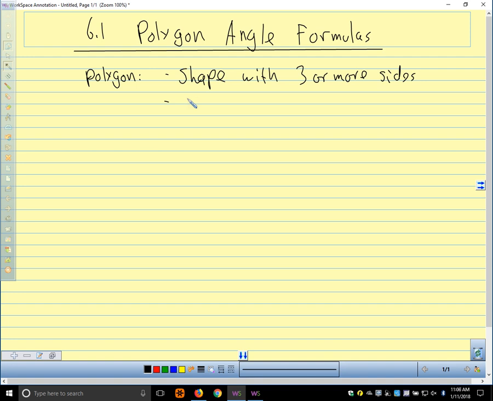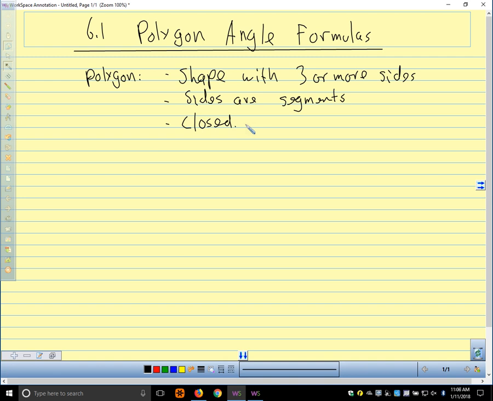And we decided that all the sides needed to be straight, so the sides are segments. We decided it needed to be closed. And those are the main things: 3 or more sides, straight, and closed.